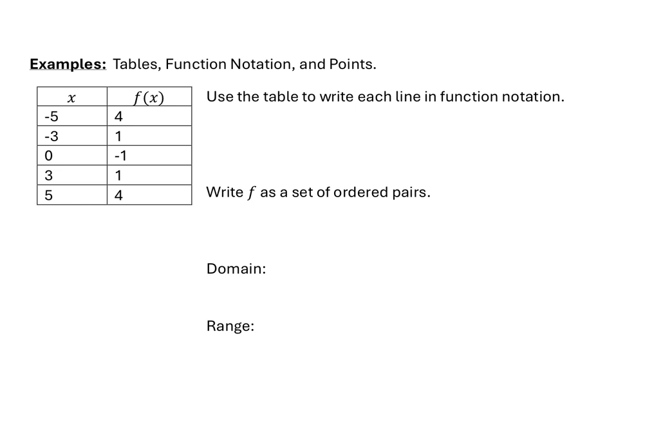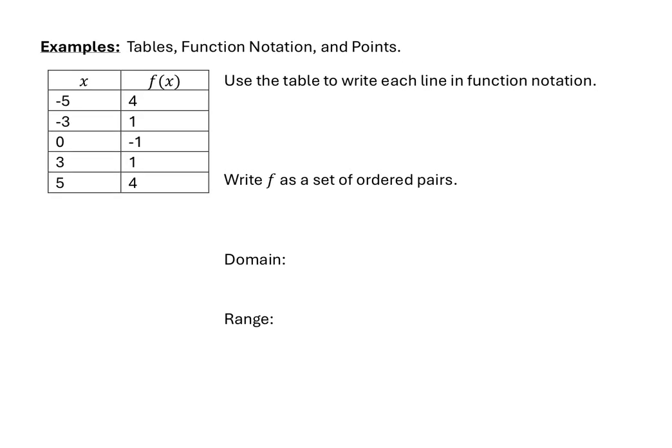Alright, so let's go ahead and practice a little bit of this going back and forth between our different types of notations. We have a table here, and the first thing we want to do is write each line in function notation. So here we have when x is negative 5, f of x is equal to 4.